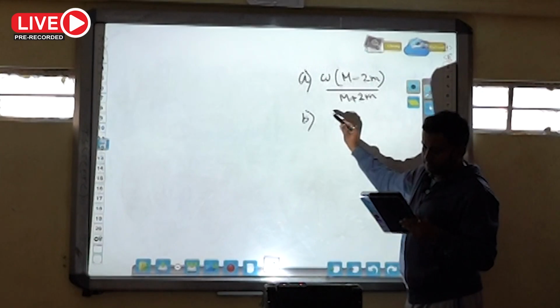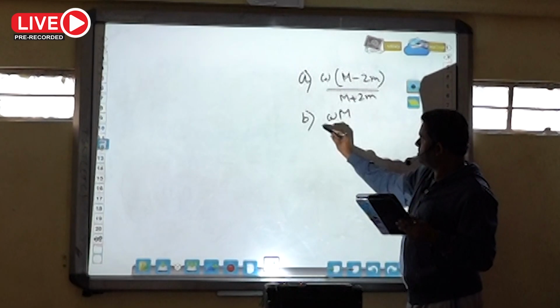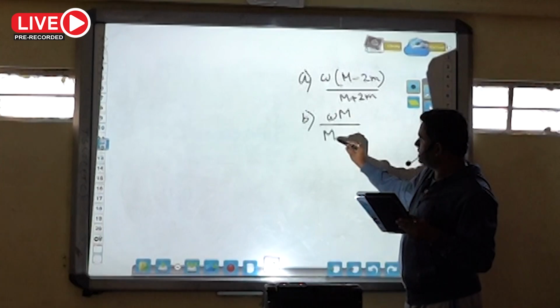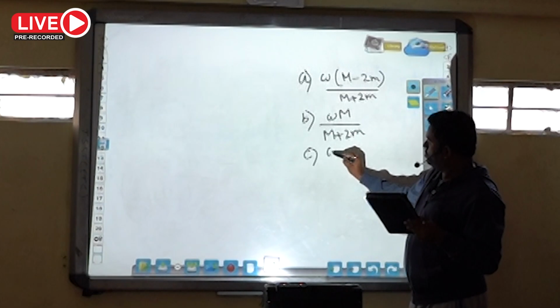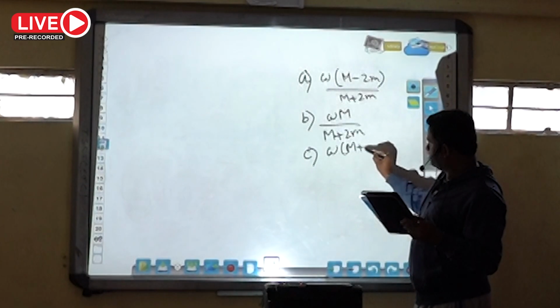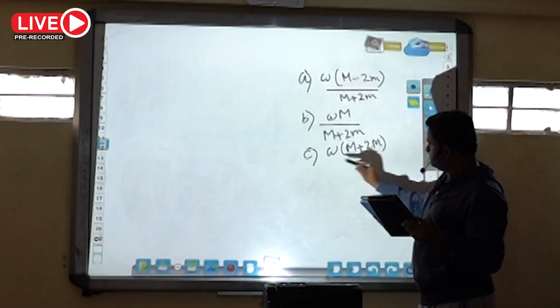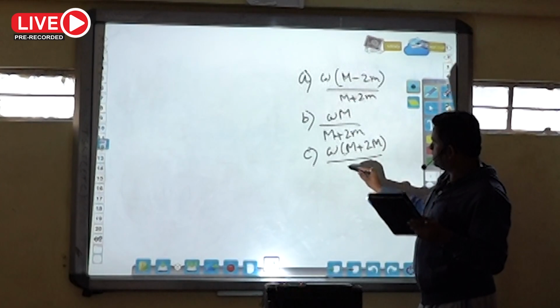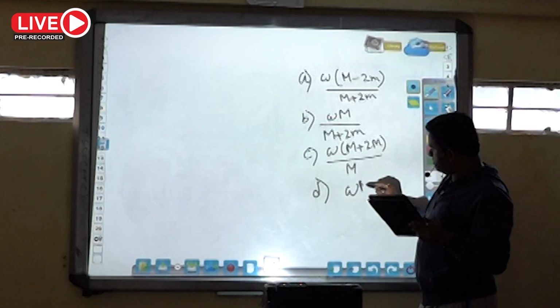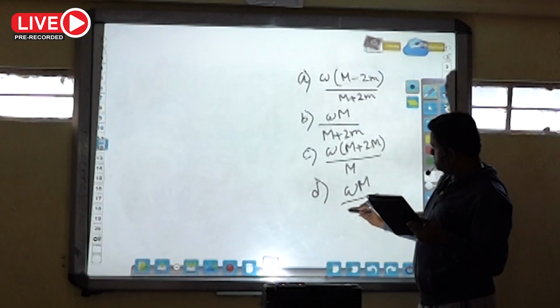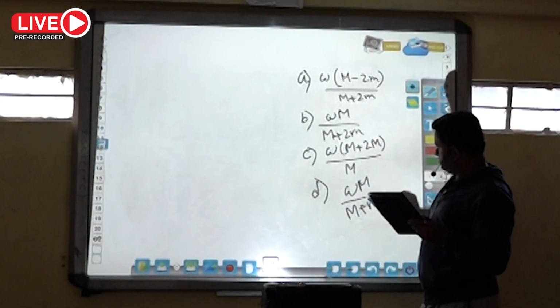Option B, omega M by (M plus 2m). C, omega (M plus 2m) divided by M. And D, omega M by (M plus m).